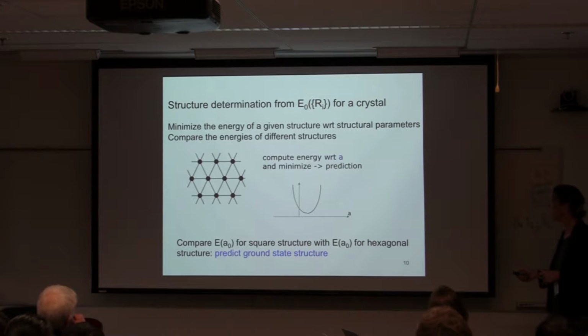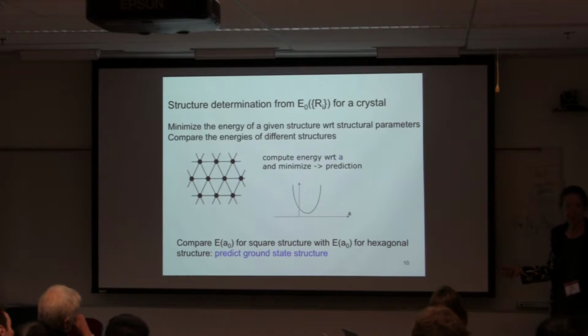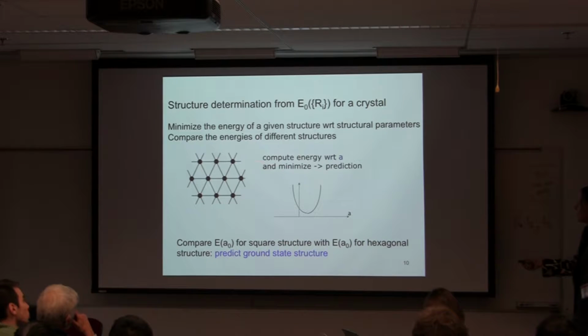And that, of course, then goes on. I could say, suppose that I have some element and I want to know, what's the crystal structure going to be? Well, what if it's not square? What if it's something else? Let's suppose maybe it's a triangular lattice. I'll compute the energy of the triangular lattice with respect to A, minimize it, and then compare the two energies.